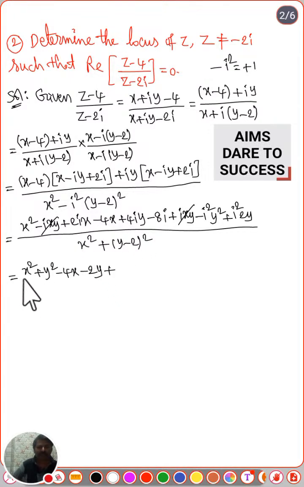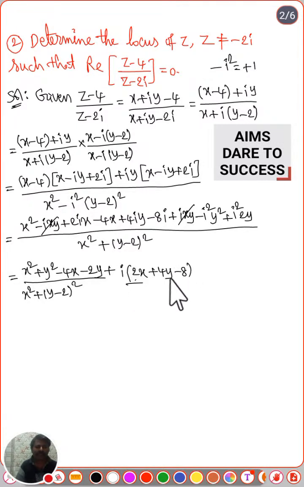Okay, so at a time write separately the real part and imaginary part, divided by x square plus (y - 2) whole square, plus i common, and after taking i common, the remaining is 2x plus 4y minus 8, divided by x square plus (y - 2) whole square.